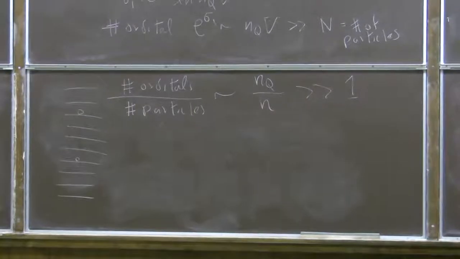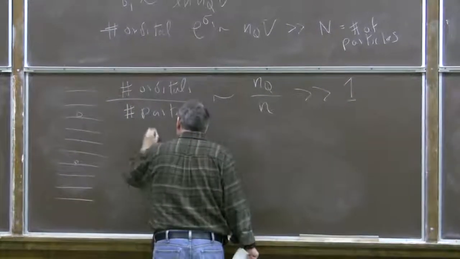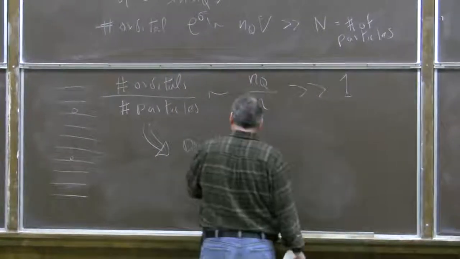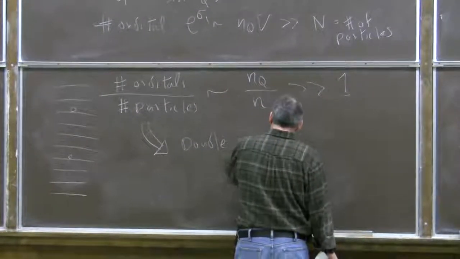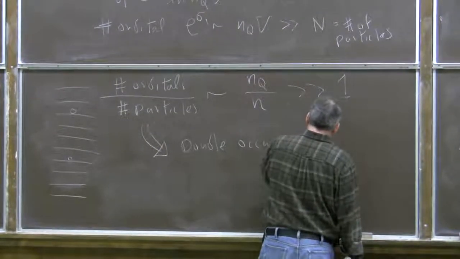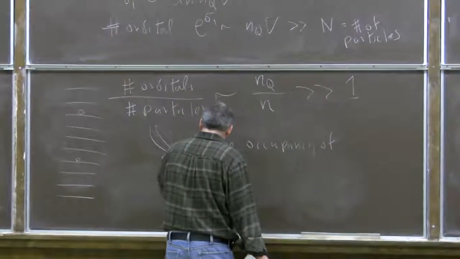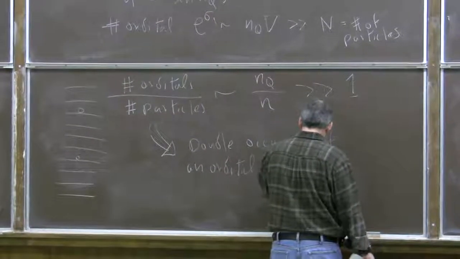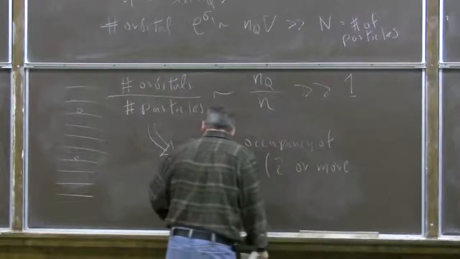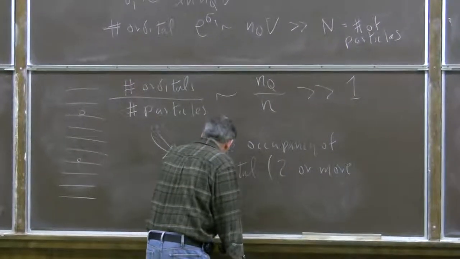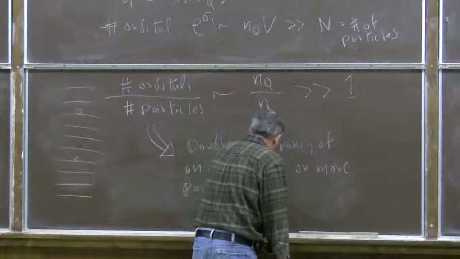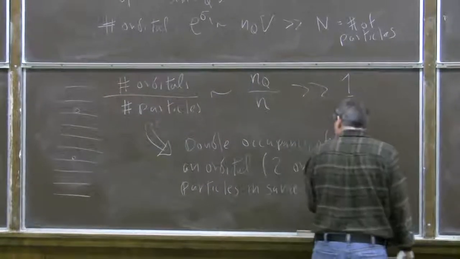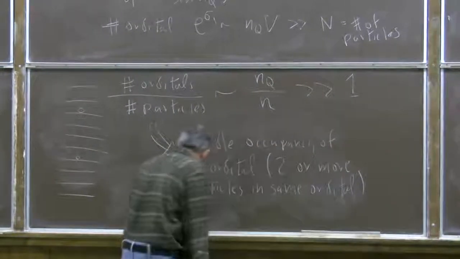So in this case, double occupancy by two or more particles, that is, two or more particles in the same orbital, is rare and can be neglected.